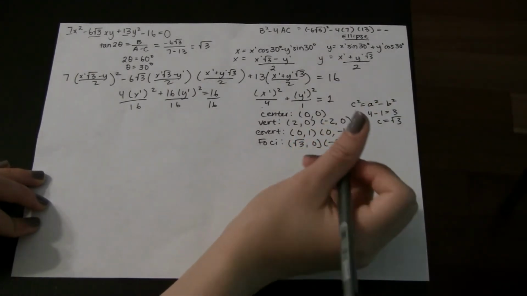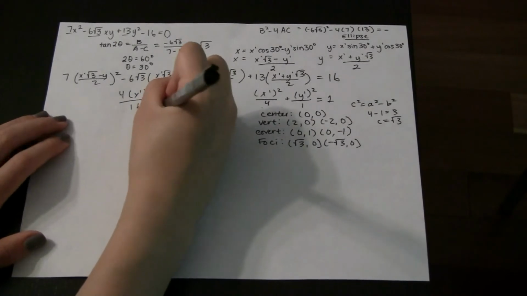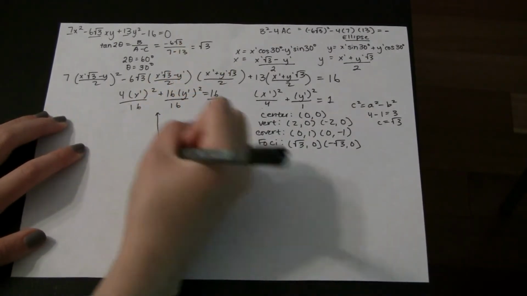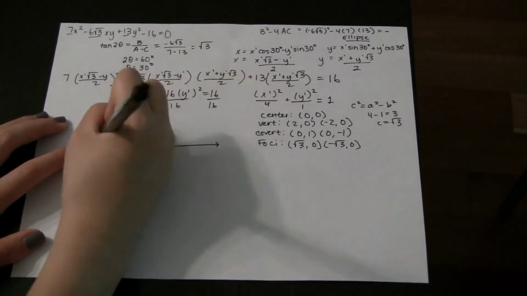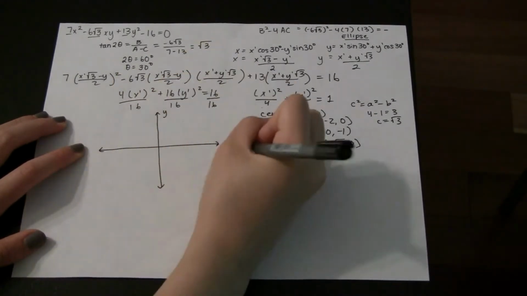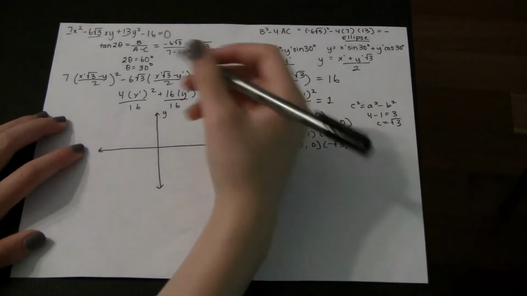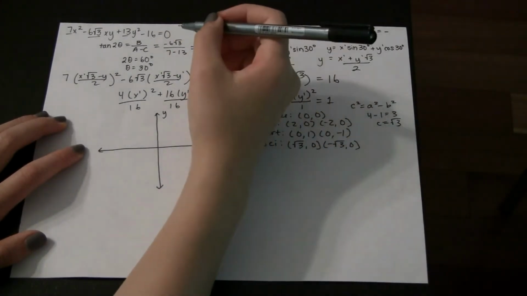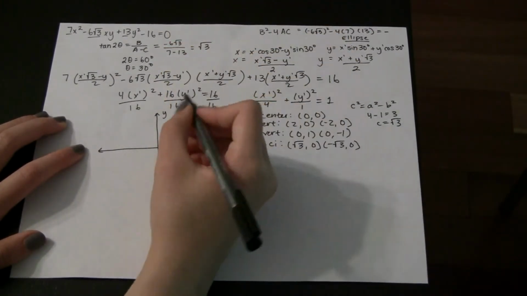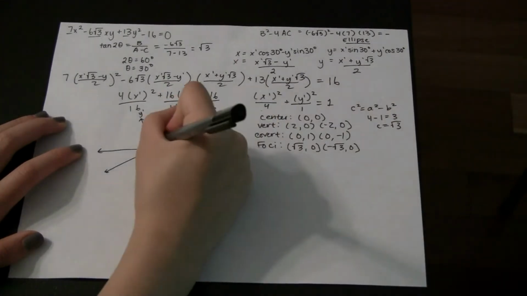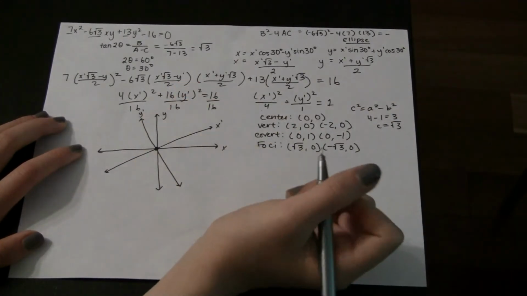And then we would have to graph it. So this is our regular x and y coordinate graph. So our primed graph is rotated 30 degrees. Based on the given information, this is our center.